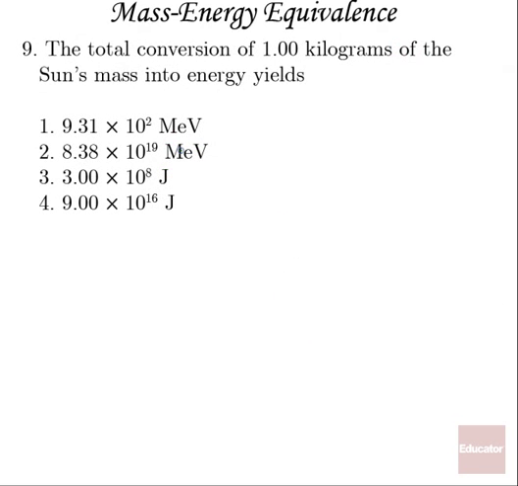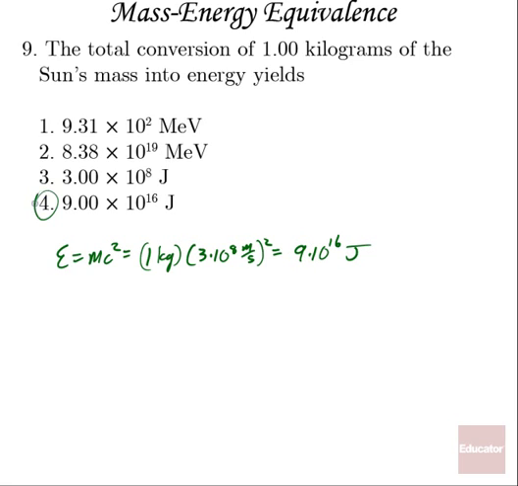Number 9, the total conversion of 1 kilogram of the sun's mass into energy yields what? Well, let's use E equals mc squared, where our mass is 1 kilogram. C, speed of light in a vacuum, 3 times 10 to the 8th meters per second, squared is just going to be 9 times 10 to the 16th joules. Answer number 4. A lot of energy from 1 kilogram of mass.